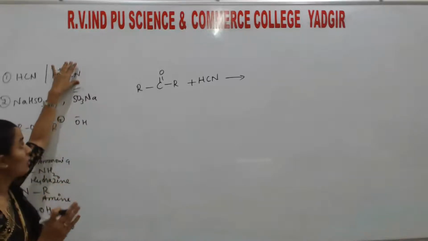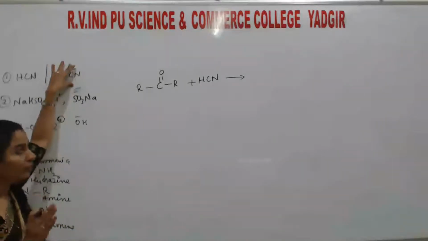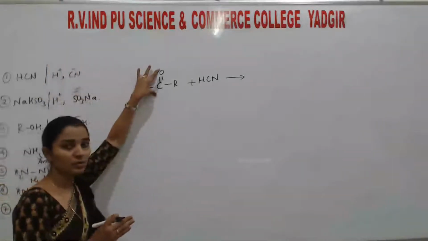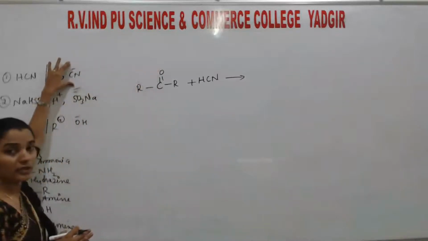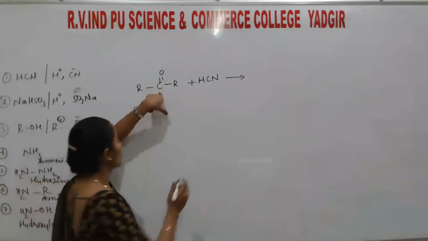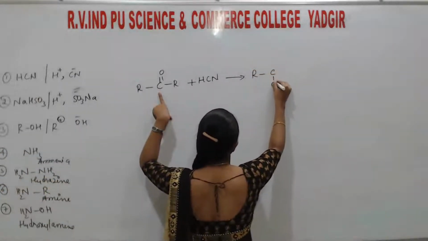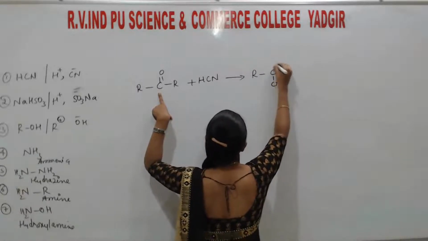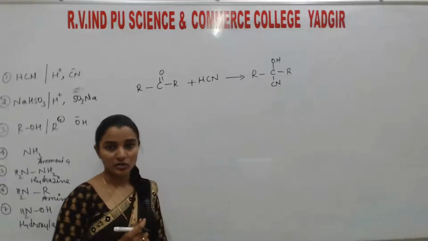Which is positive in charge among these two? Carbon. So the nucleophile, which is negative in charge, is going to bond to this carbon. Then we get R, C, CN, R with OH. This is the reaction.